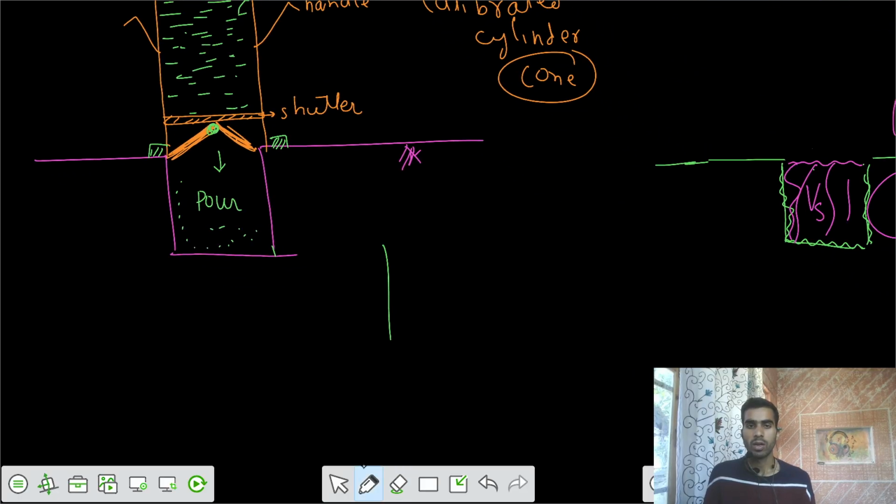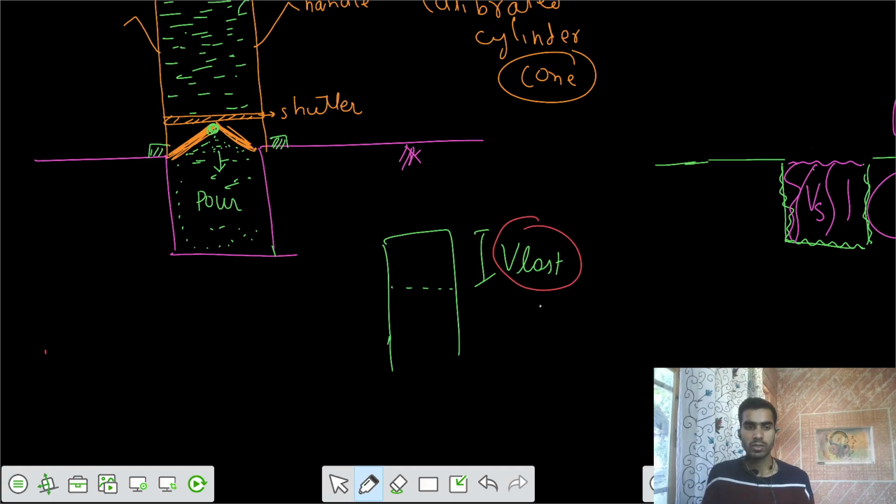So finally your level from the top would be somewhere here. This is the volume of sand lost from the calibrated cylinder, such that it has been occupied by the volume of sand in the cone and the volume of sand in the hole. So the volume lost from the calibrated cylinder is actually the volume of hole plus the volume of cone.